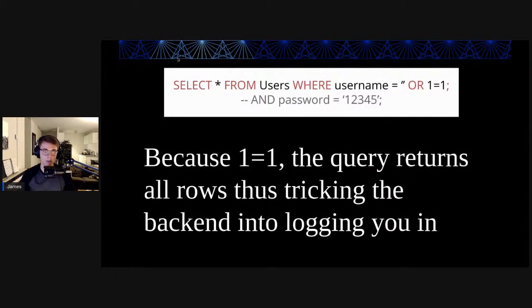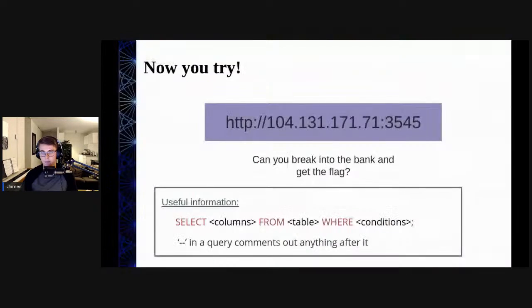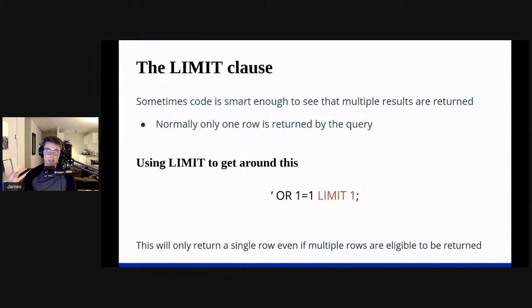Before, when we had this query here, and we signed in with that apostrophe or 1 = 1, we saw that it gave us everybody's account. The reason it did that is because the database gave the rows for everybody's account back to the website. But sometimes, if the code is smart enough, it'll know that multiple results have been returned.